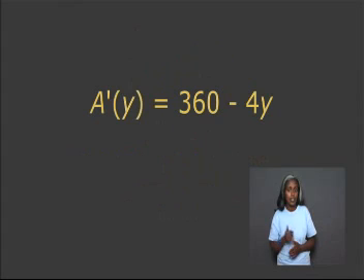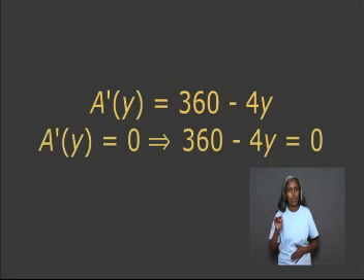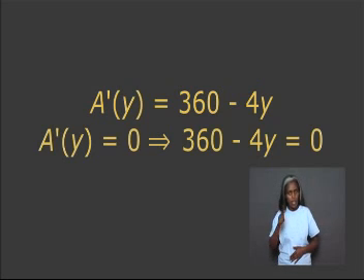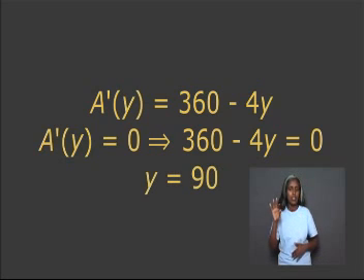A prime of y equals 360 minus 4y. If we take A prime of y to equal 0, then y must equal 90. In this way, we have discovered that 90 is a critical number.